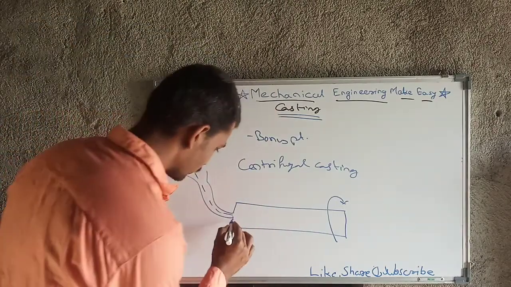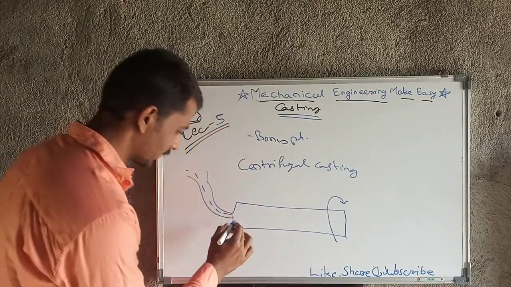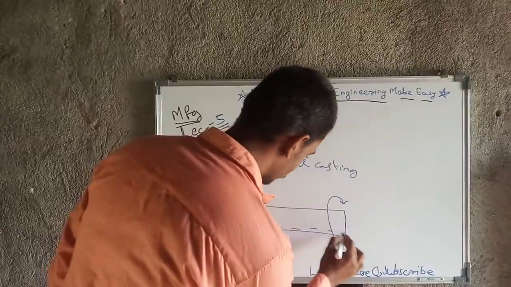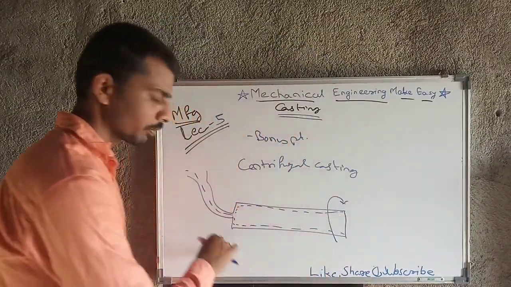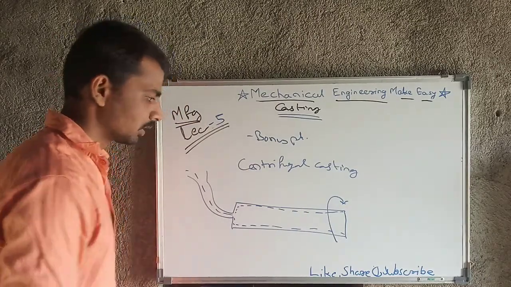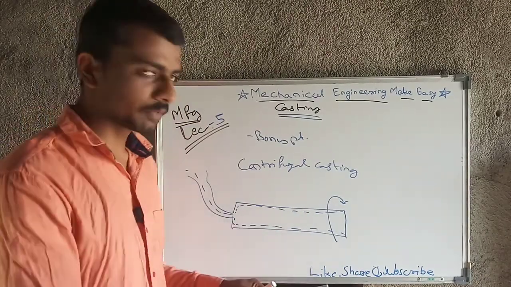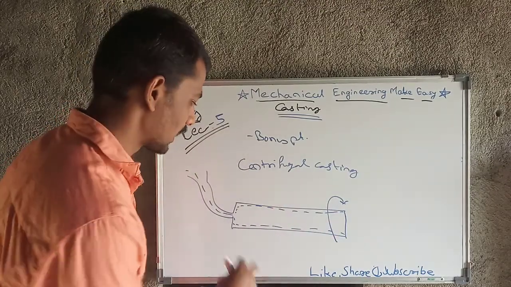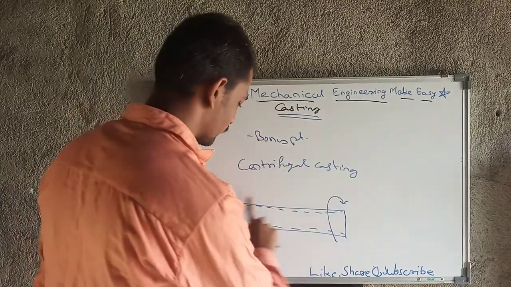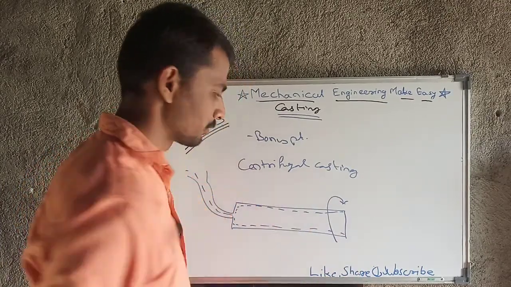Because of that, the molten metal coming is equally spread at the boundary of that cavity, and up to the solidification of the casting, that mold box is going to rotate, and after solidification we will get the section which will be pipe-like.